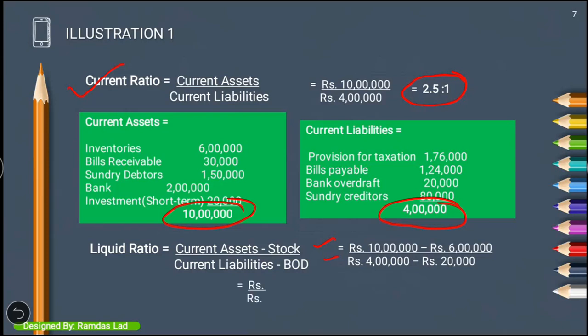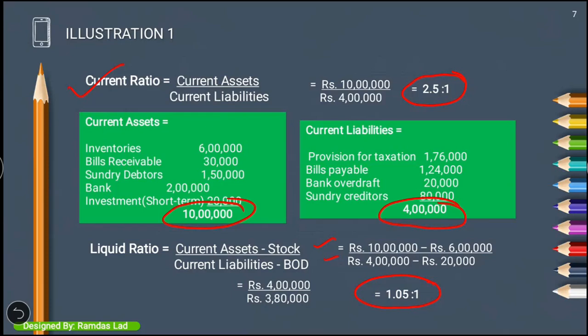So we get rupees 4 lakh divided by rupees 3 lakh 80,000. So the answer is 1.05 is to 1. So this is the liquid ratio. The ideal liquid ratio is 1 is to 1. So in this example, for this company, this ratio is favorable.